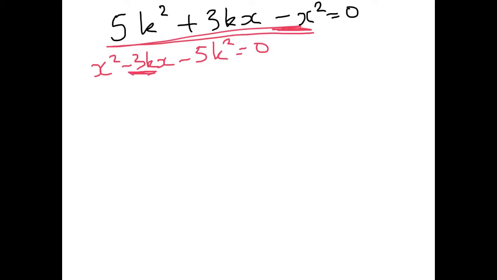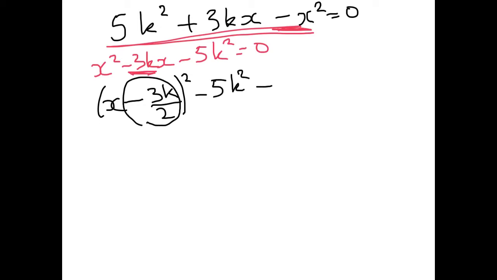So to complete the square, we're going to have x minus 3k on 2 squared minus 5k squared, and we have added in this term squared, so we're going to take it out. So minus 9k squared on 4 equals 0.